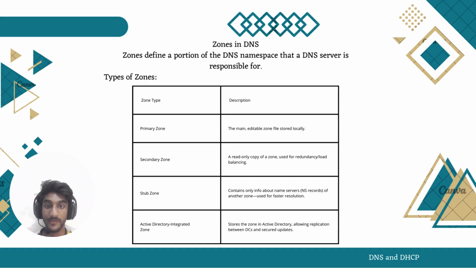The second one is the secondary zone, a read-only copy of a zone used for redundancy or load balancing. Next, we have the stub zone, which contains only info about name servers and A records of another zone, used for faster resolution. And last but not least, we have the Active Directory integrated zone. This zone stores the zone in Active Directory, allowing replication between DCs and secured updates.